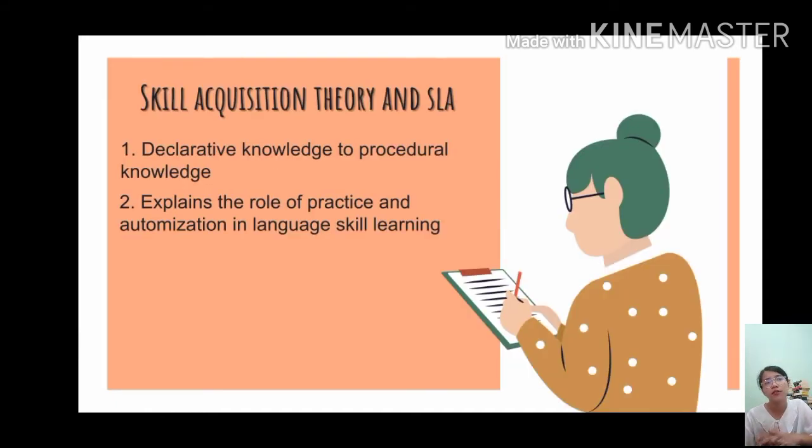Second relevance or connection of skill acquisition theory to SLA is that it explains the role of practice and automation in language skill learning. Remember, the role of practice and automation in language skill learning.